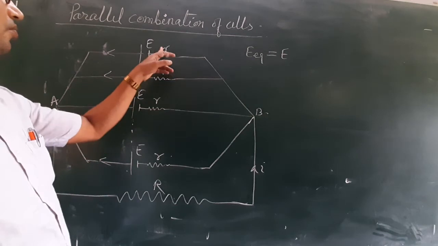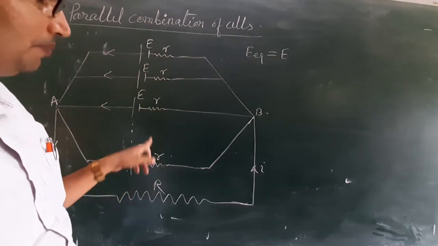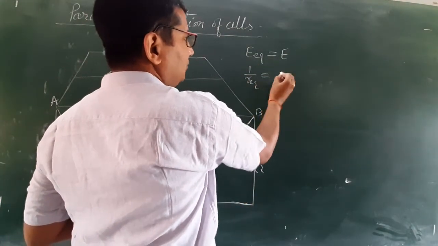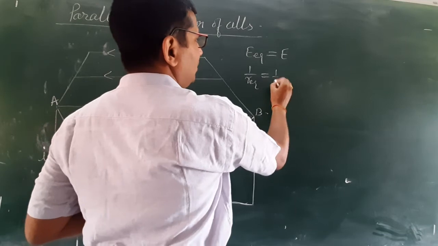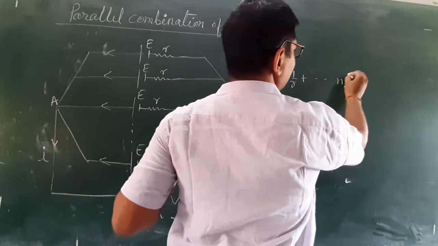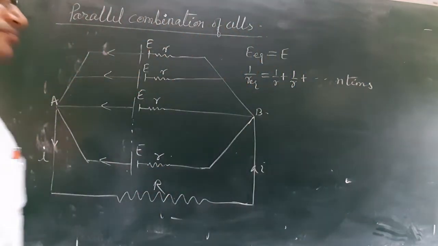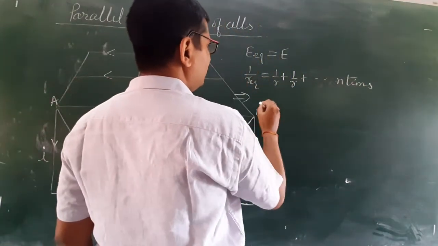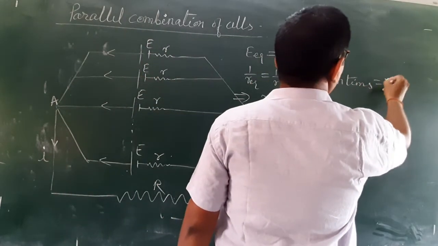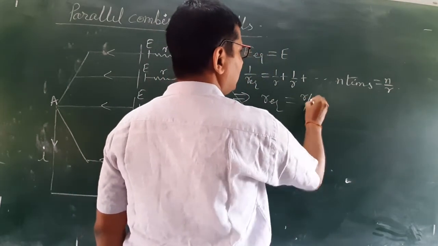And what about the internal resistances? All the resistances are connected in parallel. Therefore, 1 upon R equivalent is equal to 1 upon R plus 1 upon R plus, n times. So, 1 upon R equivalent is n upon R, and R equivalent is equal to R upon n.